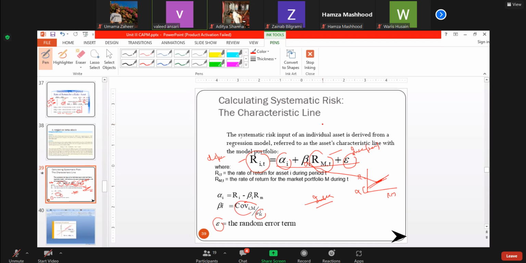Our immediate concern is to know how much a security moves with the market, and that is why we run a regression. We run a regression using the return on security, any security, as the dependent variable, and the return on market as the independent variable. When we get this beta, which is the slope of the regression line, it tells us how much risk is in that security. So let us see how it is calculated.